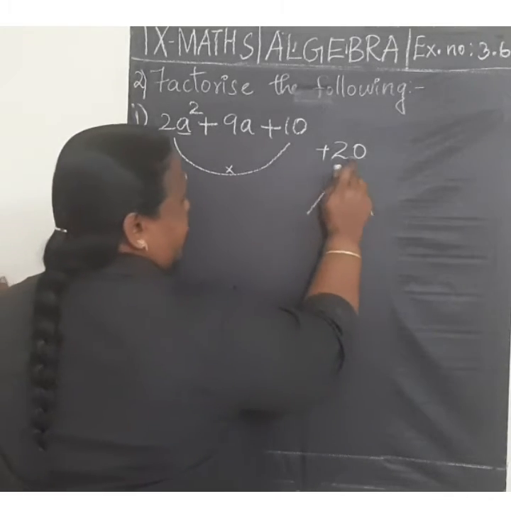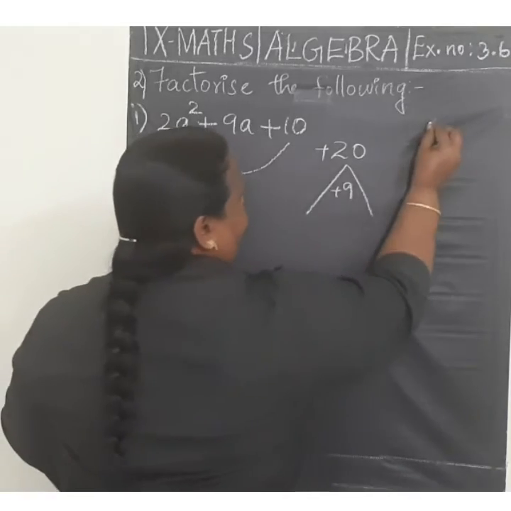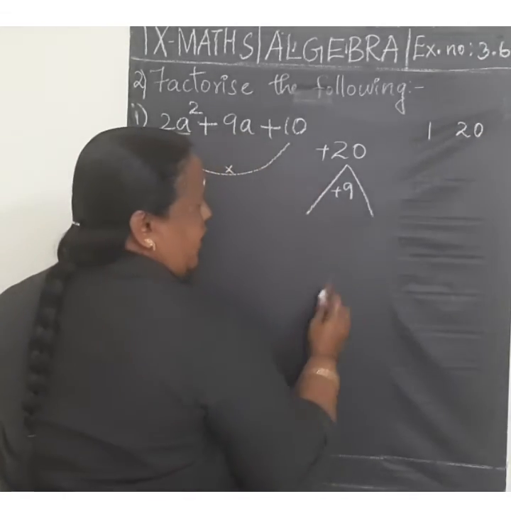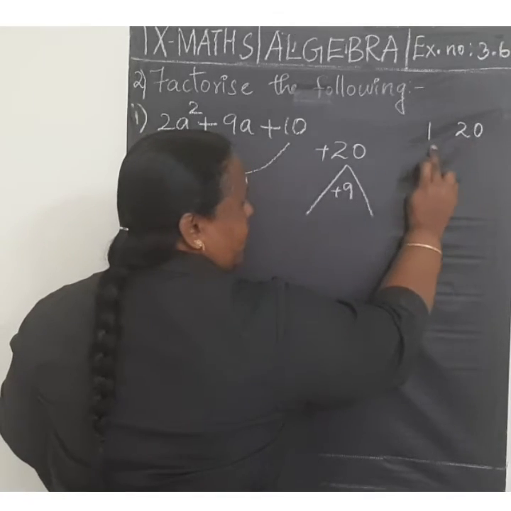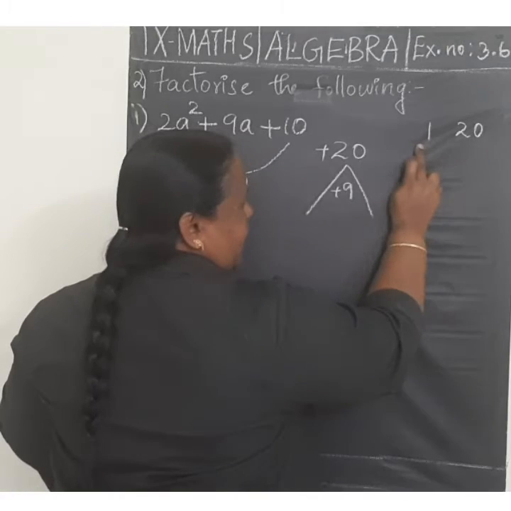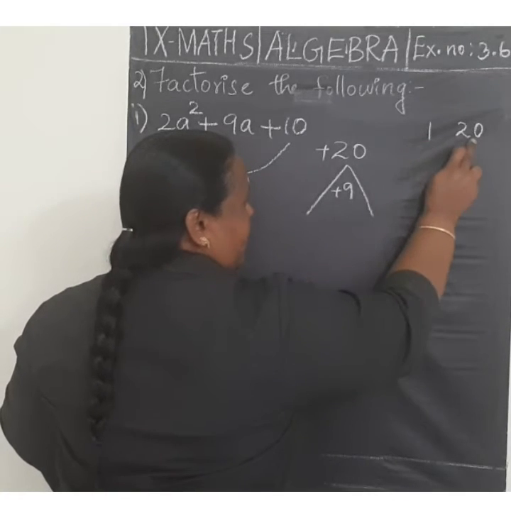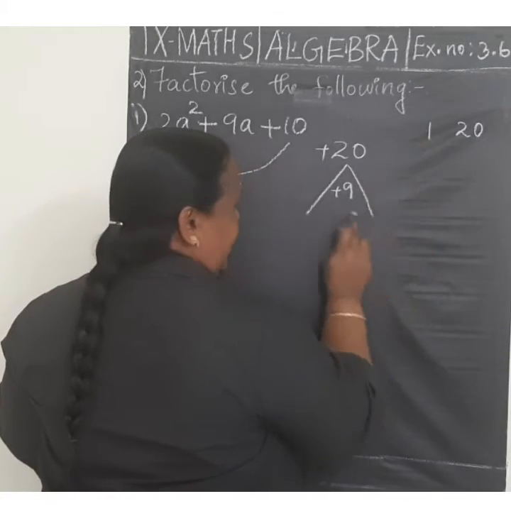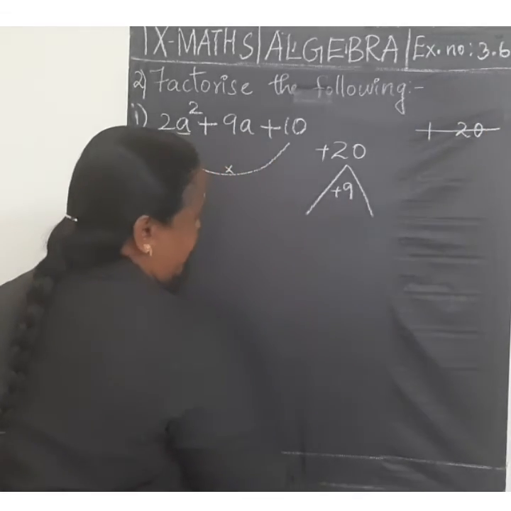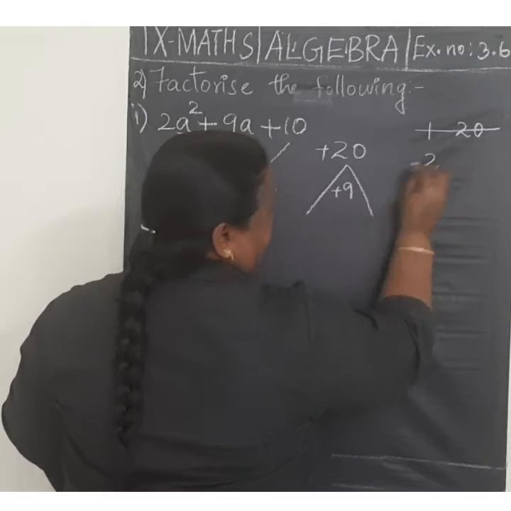Now we will find the factors for this 20. If we take 1 and 20, when we multiply 1 into 20, we get 20. But when we add 20 plus 1, it is 21, and if we subtract 20 minus 1, it is 19. So we are not getting plus 9. So we can't take 1 and 20. Next we will go for the second table.